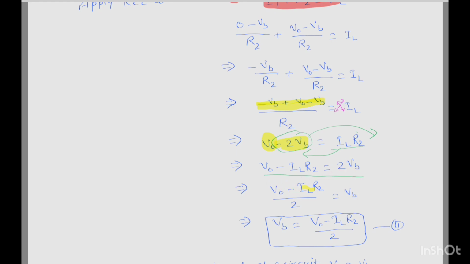Then we divide by 2. VB equal to V0 minus IL R2 upon 2.